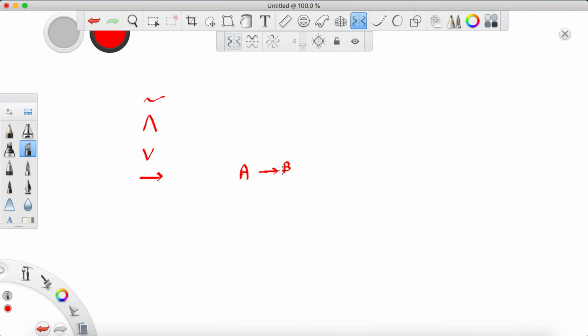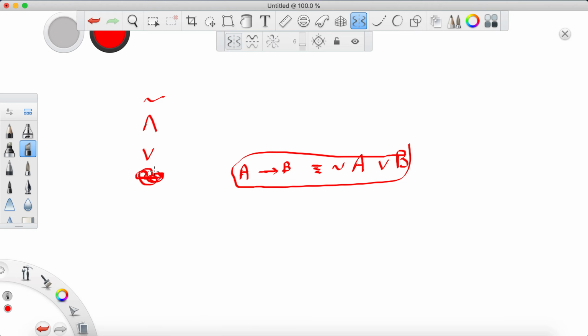If I say a implies b, someone else can say, oh, what you really mean is not a or b, and you look at that and say, oh yeah, they're the same thing. So if you had this list, you might ask yourself, do I need all 4? Well, obviously not, because anytime I see that, I can just replace it with this, and I haven't really lost anything.